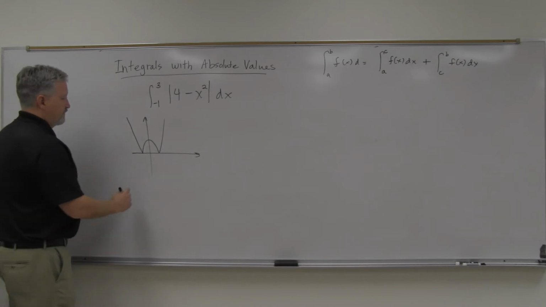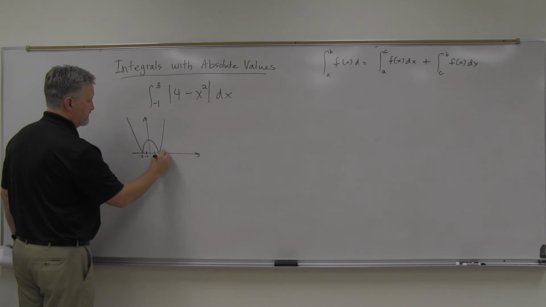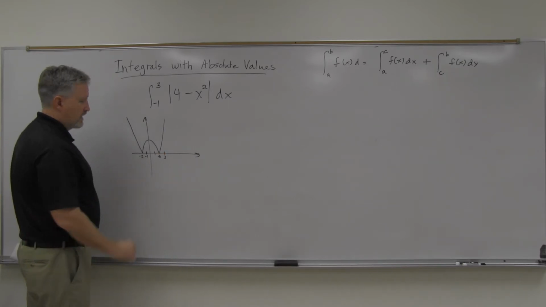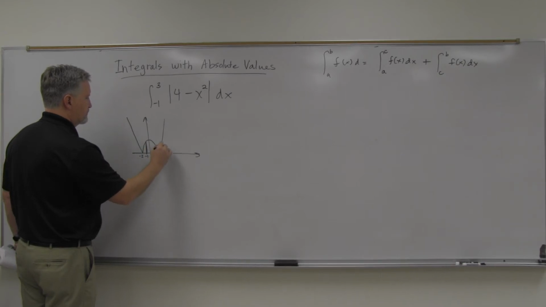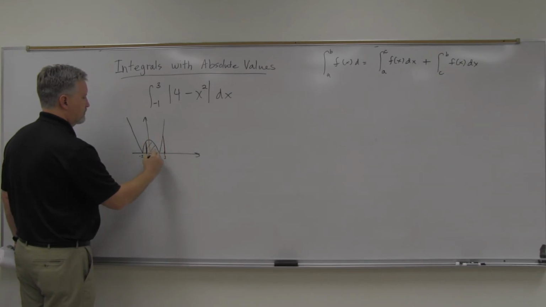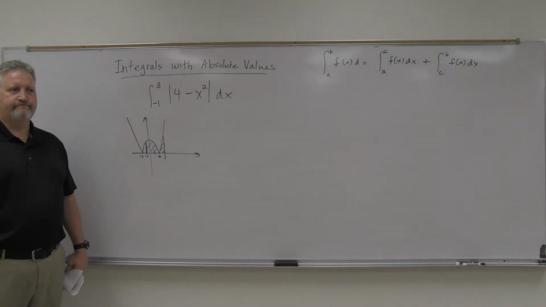And we're going from -1 to 3. Well, the -1, this is -2 here, so -1's here. And then +3, this is 1, that would be at +2, and then 3. So what I'm looking at is this to here. That's what I'm trying to find.